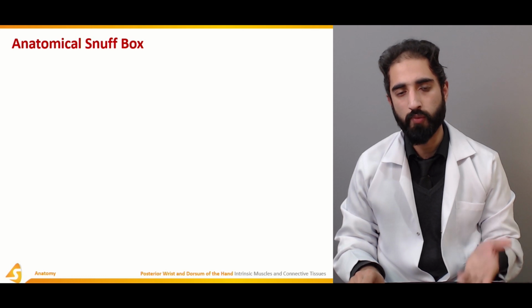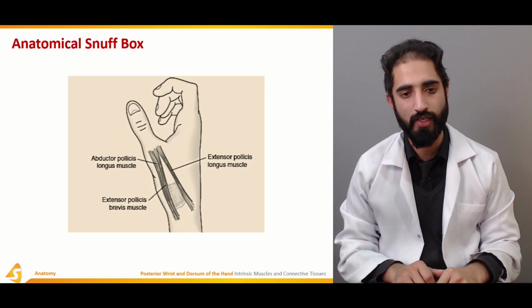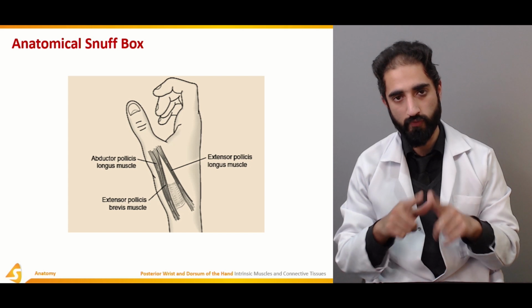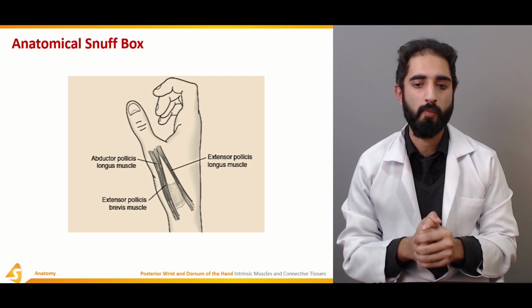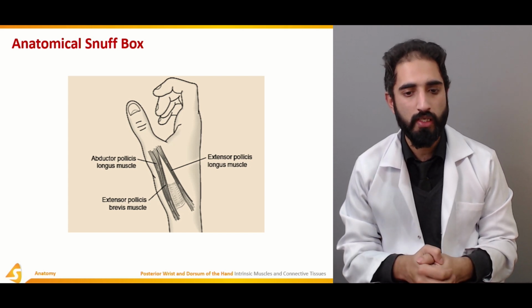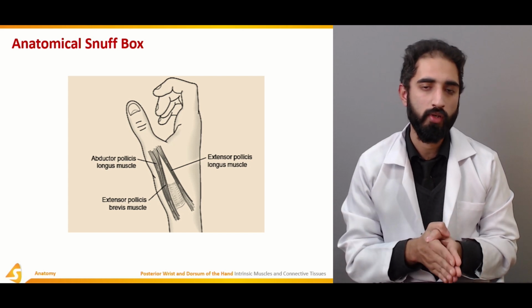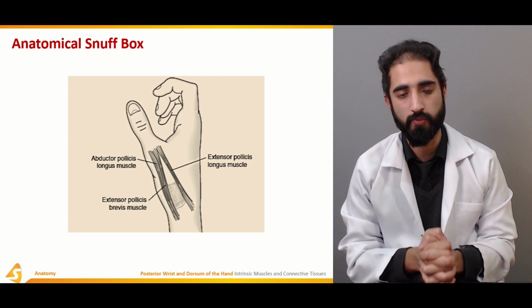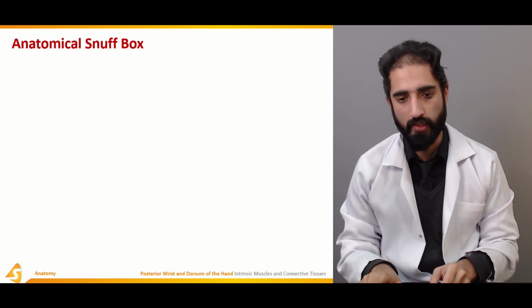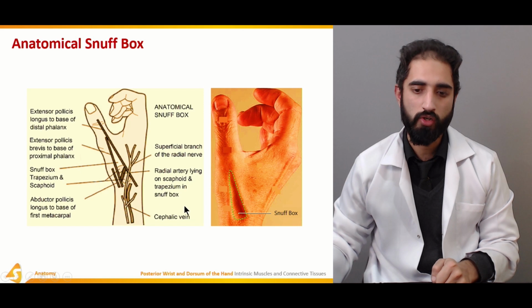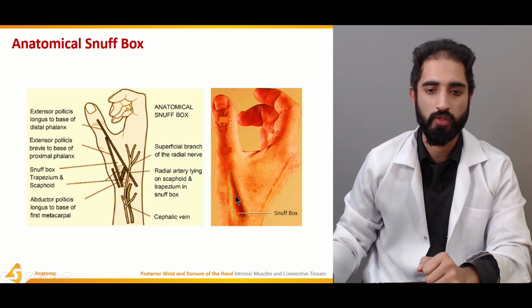Another important structure that we need to mention is the anatomic snuff box, which is formed by the tendons of the thumb. One is the extensor pollicis longus on the medial aspect, and the abductor pollicis longus as well as extensor pollicis brevis on the lateral aspect. This is known as the anatomic snuff box in terms of the superficial anatomy.